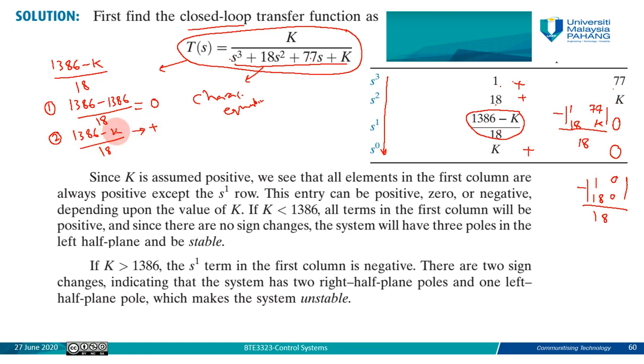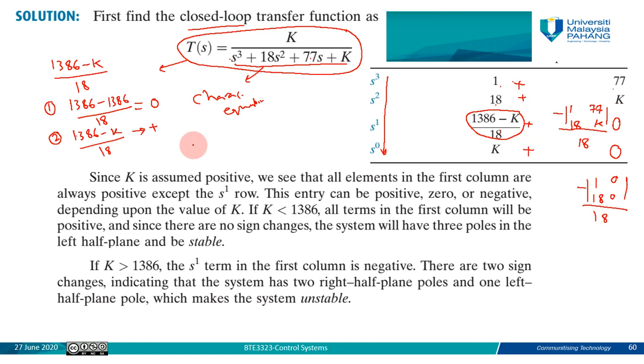Why? Because k is less, so positive minus a smaller value gives a positive value. In this case, this magnitude is positive, so our system becomes stable because there is no change in the sign of the first column elements.